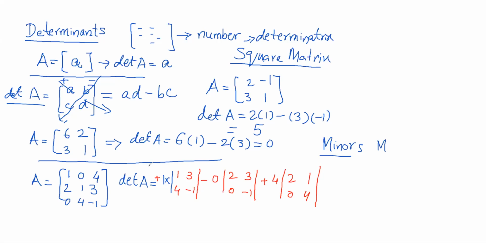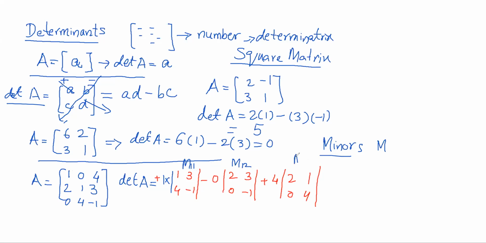So this will be the minor M11. Why? This will be called M11 because this minor corresponds to the first row and first column element, and this will be the minor M12 because this matrix is related to the first row and second column.